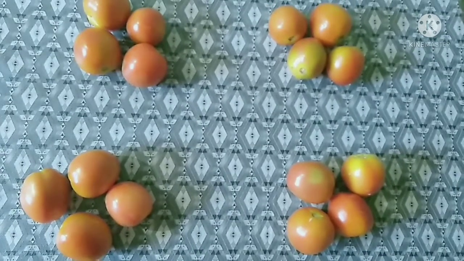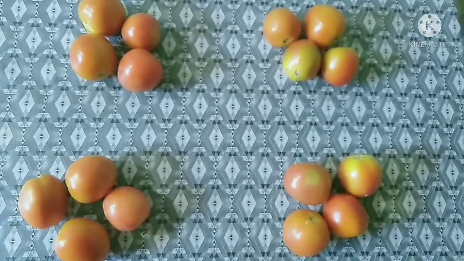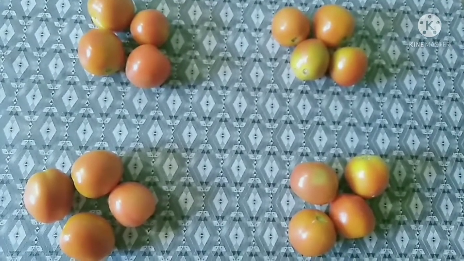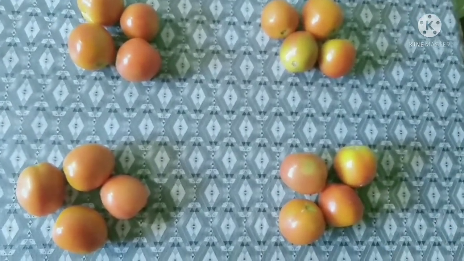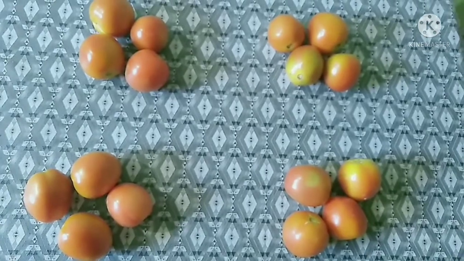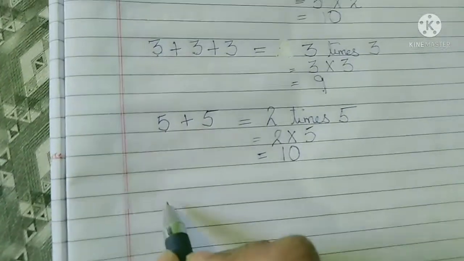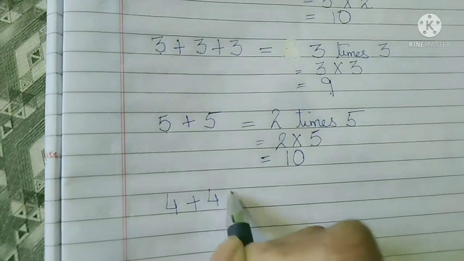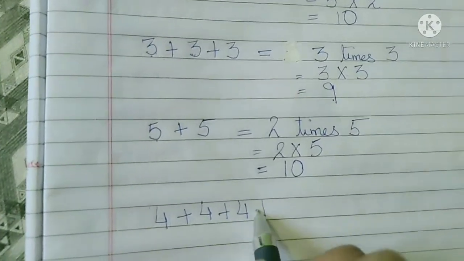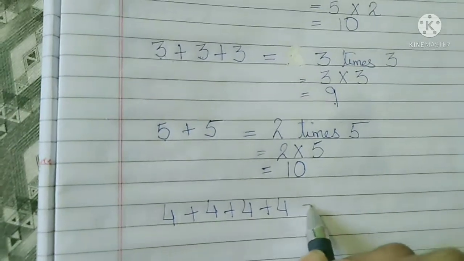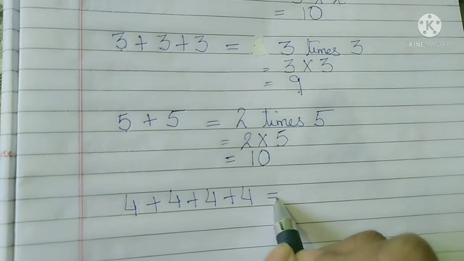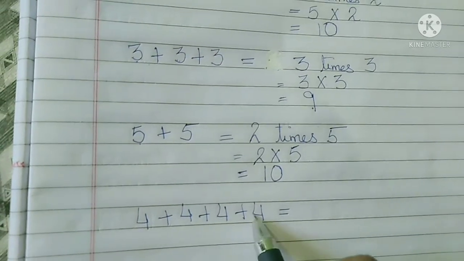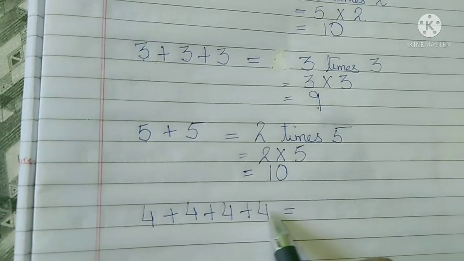As we can see, there are 4 groups of tomatoes, and in 1 group there are 4. That means 4 plus 4 plus 4 plus 4.